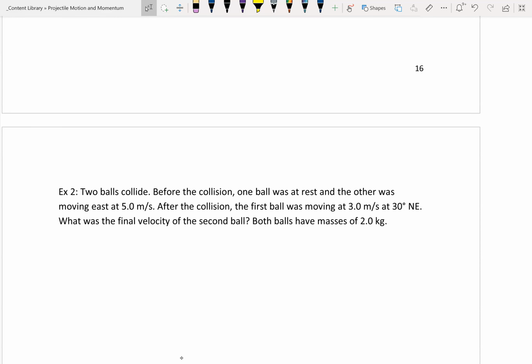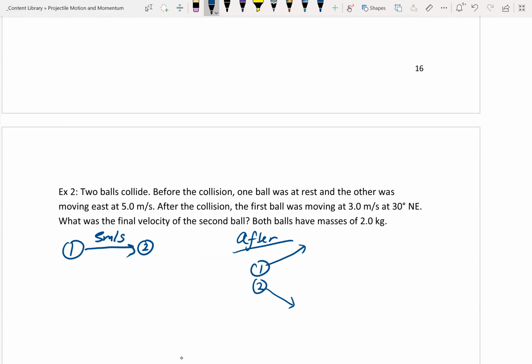So it's fairly similar to the last question. I'm just going to draw a diagram of what is happening. Our first ball is approaching the second ball at 5 meters per second. Then after our collision, one ball is going north of east, or northeast, and the other one is going somewhere else.